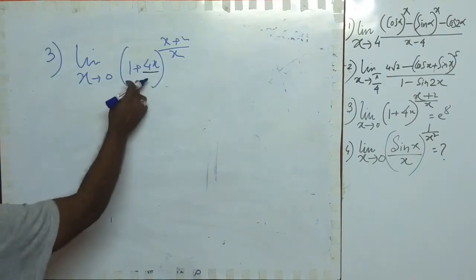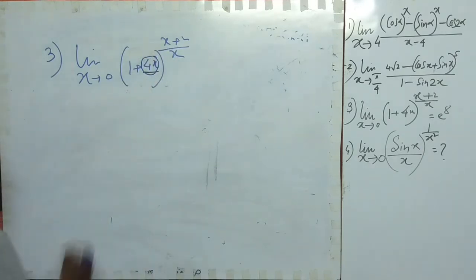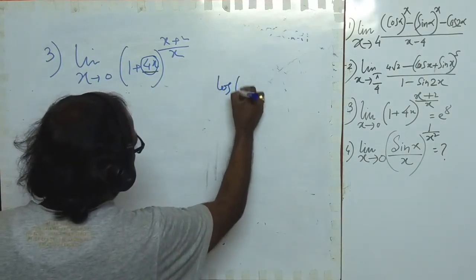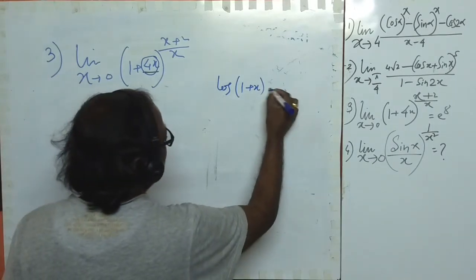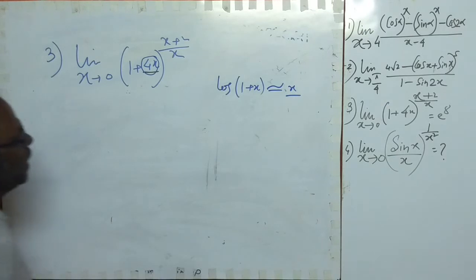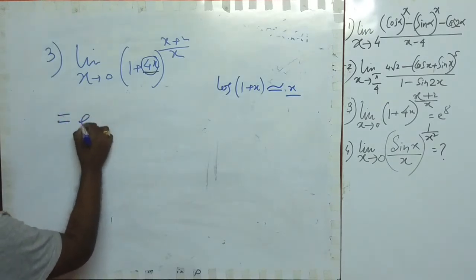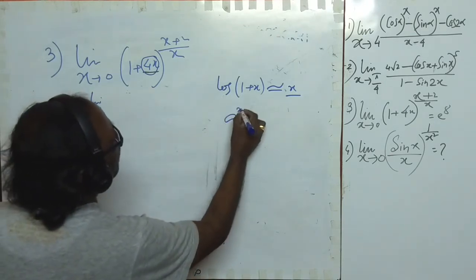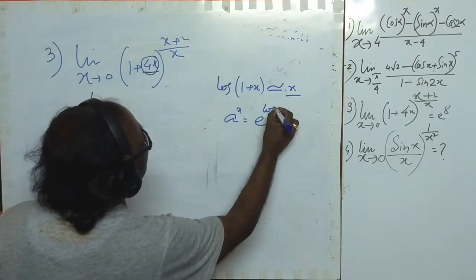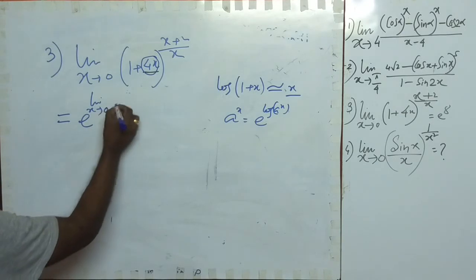If the variable is very small, like log of 1 plus x, if x is very small, we can write that it is equal to x. From that we introduce e to the power limit; like a to the power x we can also write as e to the power log of a to the power x. First we have to introduce these.